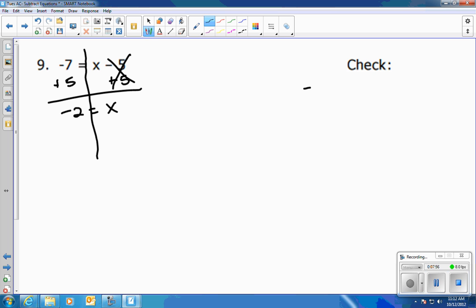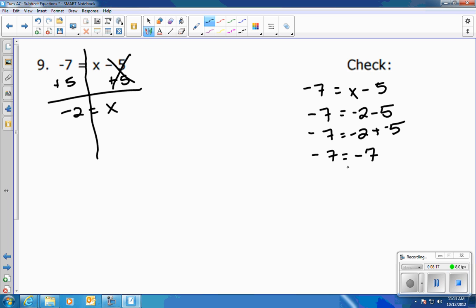So you have negative 7 equals x minus 5. Negative 7 equals negative 2 minus 5. Now I'm actually going to add the opposite here so that I can see my integers a little bit better. Negative 2 and negative 5 does equal negative 7.